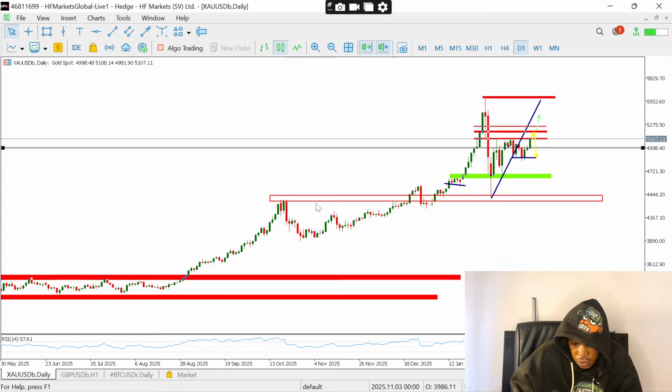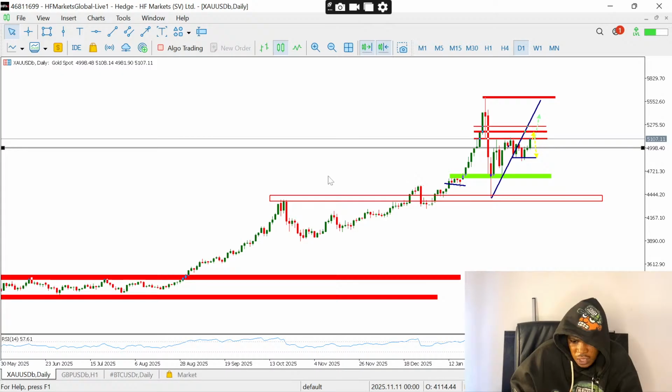Previously, this was once a resistance area. As you can see, the market broke out of this, and this is a break of structure. The market broke out and continued its upward movement. As you all know, gold has been flying since day one, and that is why a lot of people love trading gold, because of the market structure.